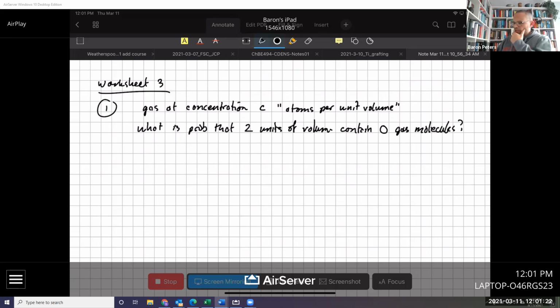All right, so what are we going to do here? We're going to let X be equal to the number of molecules in our observation volume. And we want the probability that X is equal to 0. And what's it going to be?